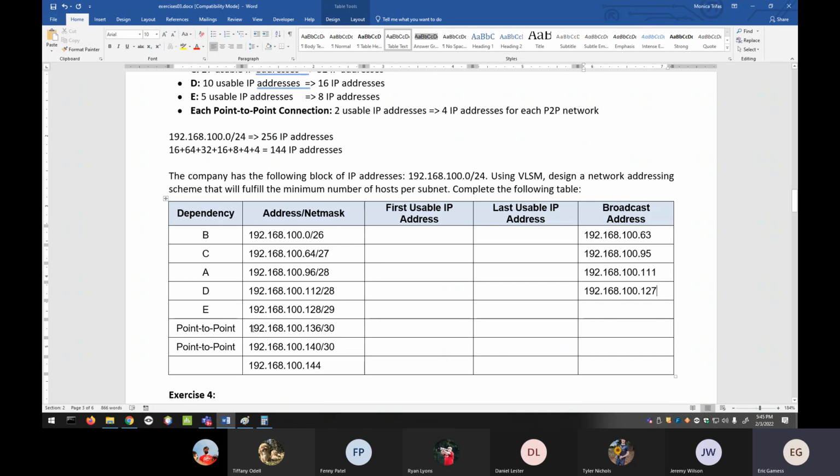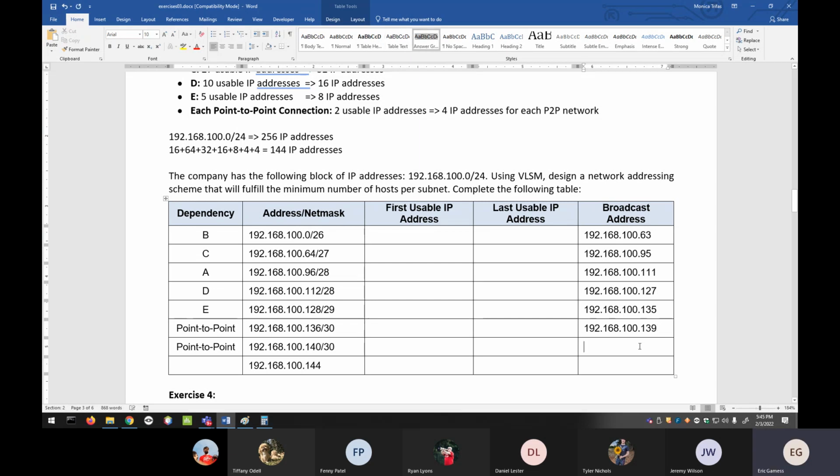For network E, the broadcast address is going to be 135. For the first point-to-point network, the broadcast address is going to be, sorry, here it's not 143, it's 139, no? 139, sorry.